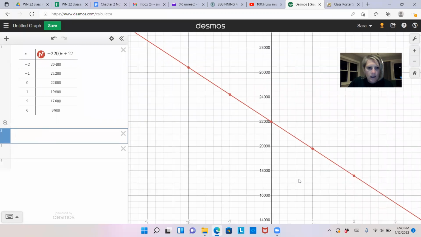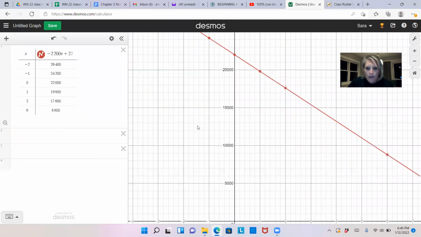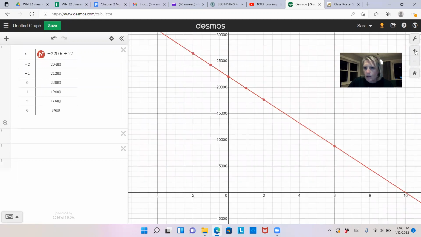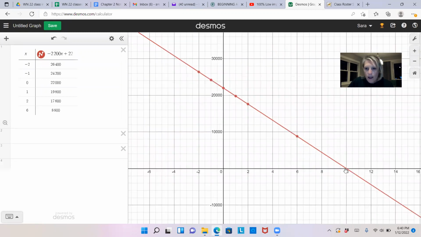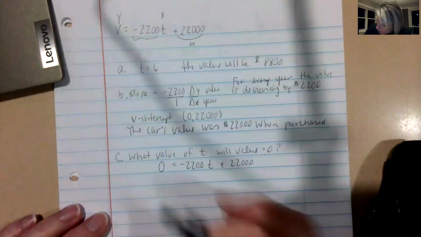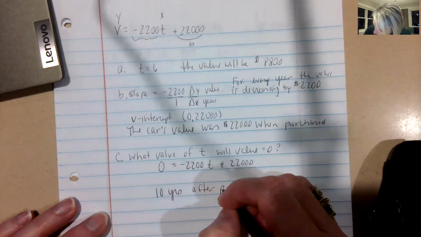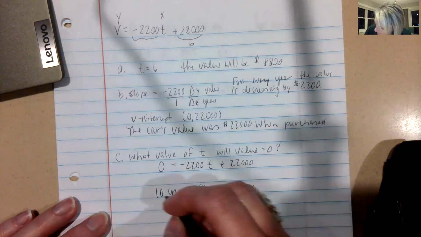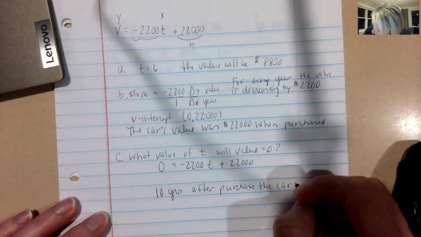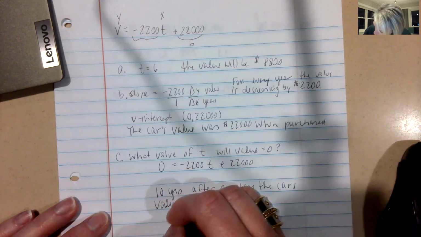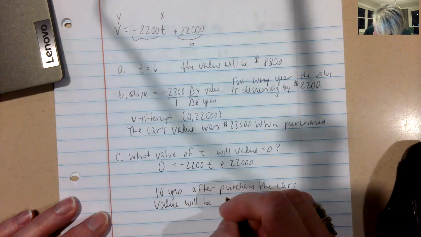The cool thing is we can scale, zoom in or out using the plus or minus, or if you have a wheel on your mouse. And then we really want to know when the value is 0, and it looks like that's after 10 years, when t is 10. So 10 years after purchase, the car's value will be 0.